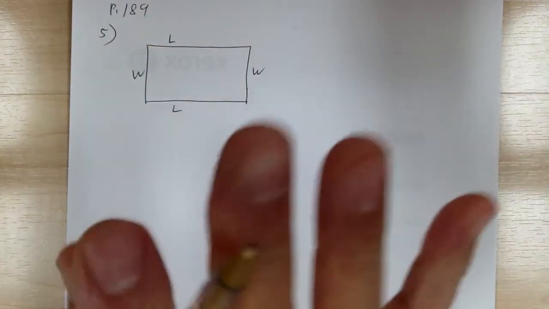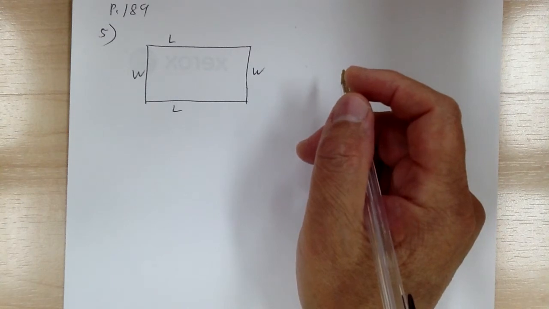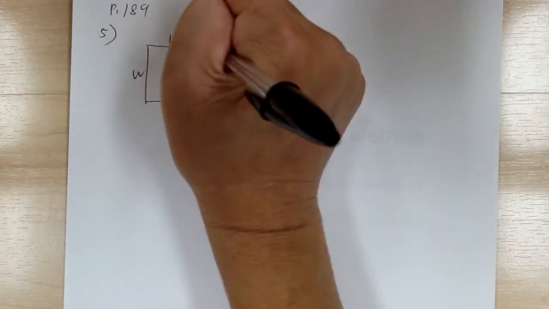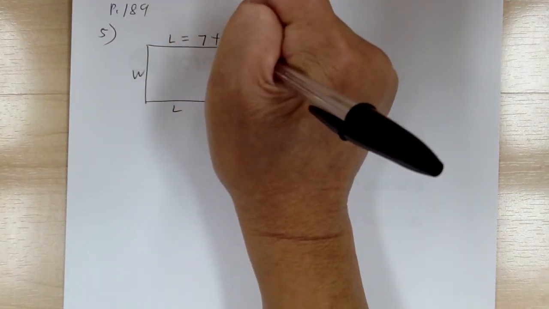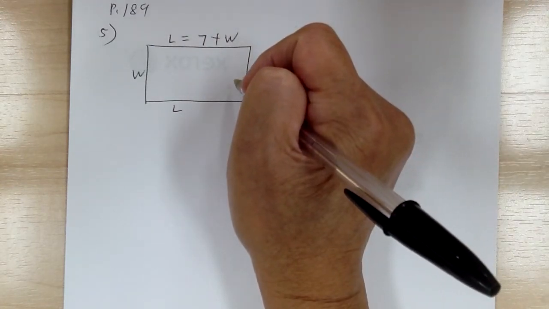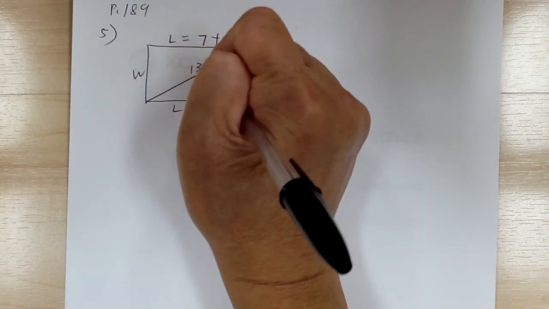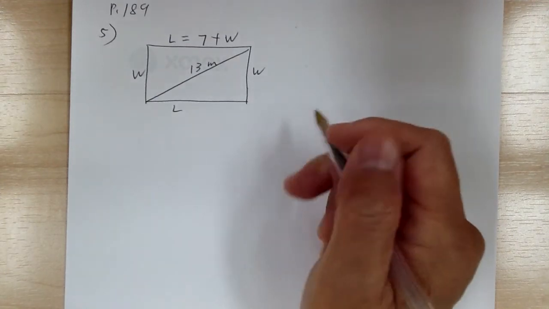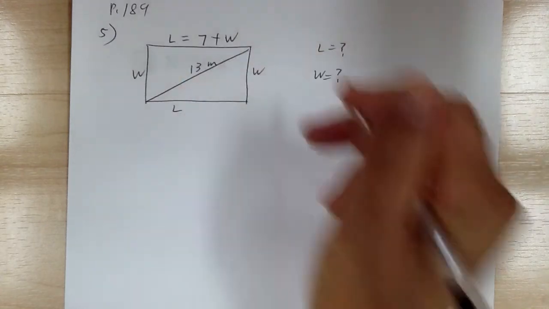It says the length is 7 meters greater than its width, and each of the diagonals is 13 meters long. When you say looking for dimension, it means you're looking for the length and the width.